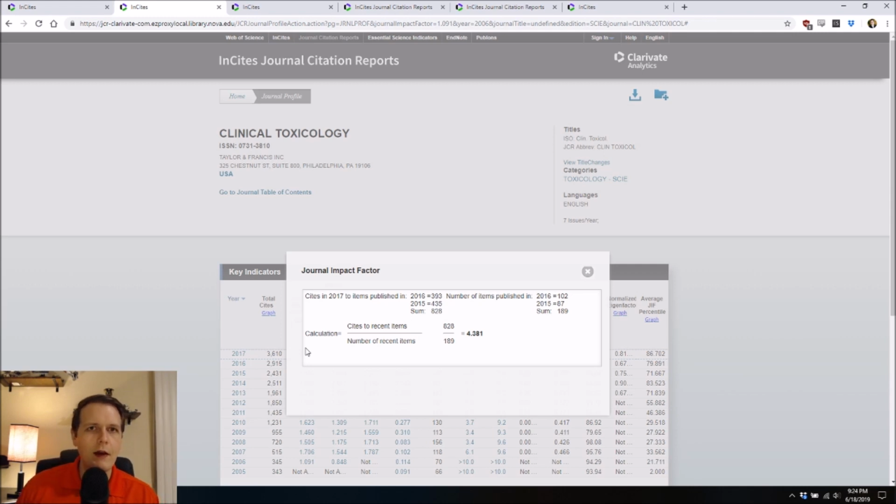So for instance, if I were to publish 10 pieces of literature in the Dr. Wood Journal of Pharmacy, and I had 10 citations in other journals, like somebody decided to write a paper and they cited me, just like you've cited some different research articles for your papers, 10 divided by 10, I would have an impact factor of 1. Obviously, the higher this number is, the better off, or you could say the more big time or the more important a journal is based off of that impact factor.